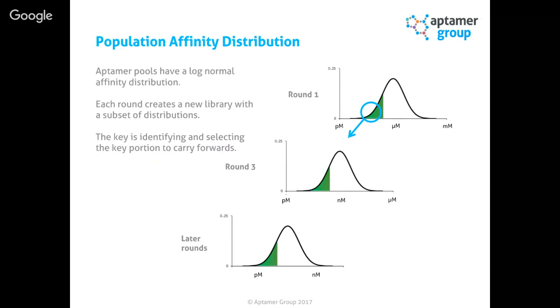Once you've lost them, it's very difficult to get them back. So it's all about retaining the high affinity sequences through this process and giving them the greatest chance of being enriched and carried forward. As the process goes on through round 3 and into the latter rounds, your population distribution changes to something with picomolar to nanomolar affinities. So that's the goal of the project.